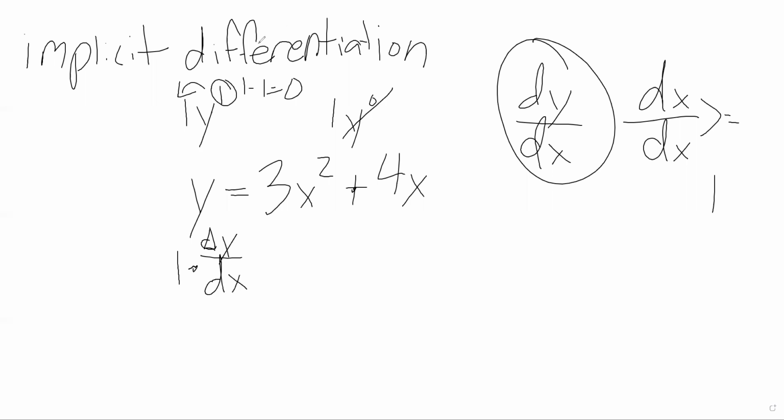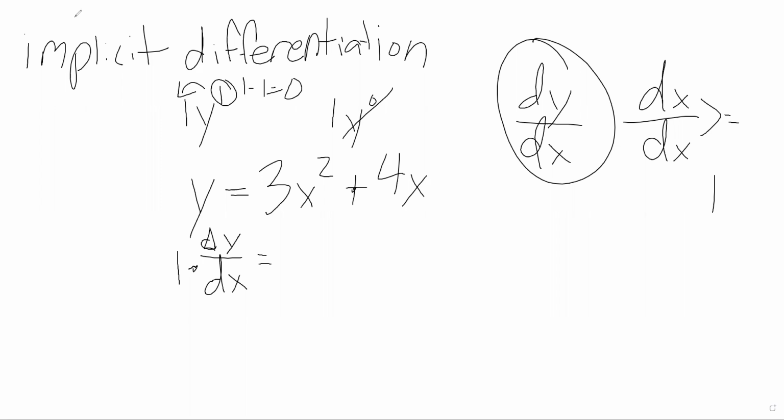And that's really the whole key to implicit differentiation. Anytime that you're taking the derivative of a y, you just have to multiply that number by dy over dx. Please don't get confused, that's supposed to be a y. It's just very difficult to draw neatly on this. I don't know how to explain it better than just anytime you take the derivative of a y, you write dy over dx after that number.